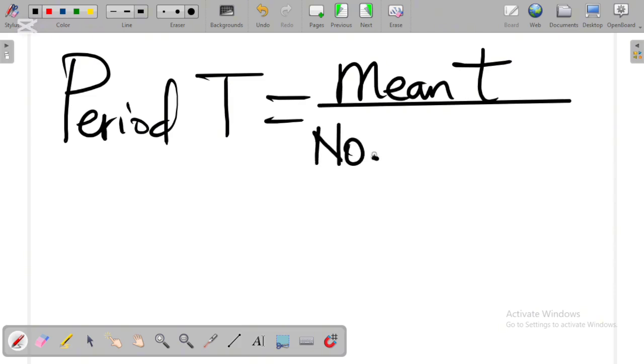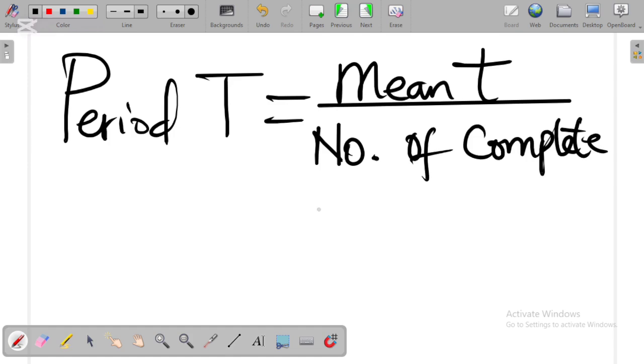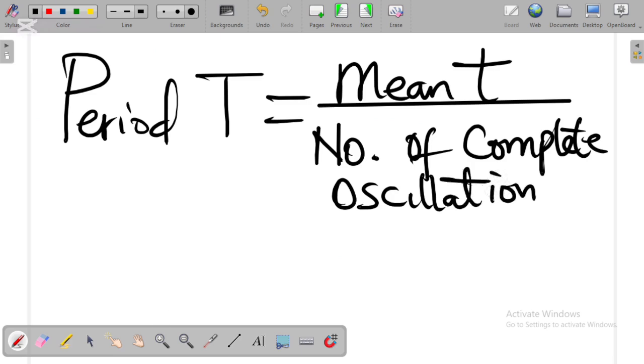Number of complete oscillations. Alright, let's check the number of complete oscillations.